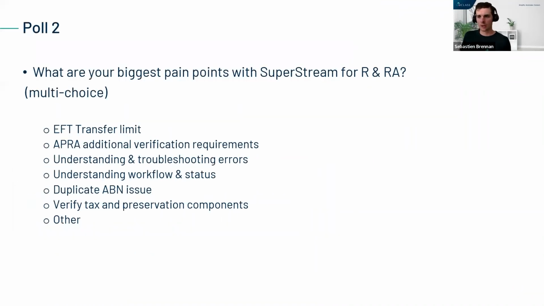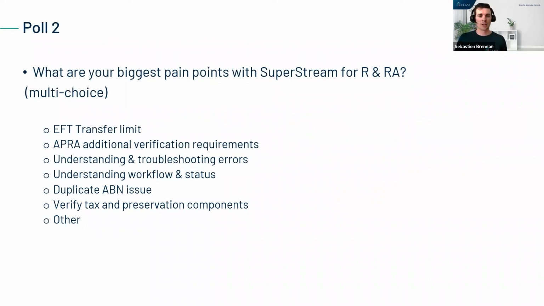So in terms of the next part, I'm just going to go through and launch our second poll question of the day. So what we want to know is what are some of your biggest pain points around SuperStream for rollover and release authority at the moment? Now, we know that there are still quite a lot out there, and we've listed a couple of examples that we've encountered. So the first one is around electronic fund transfer limits.